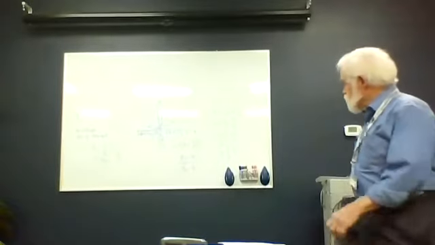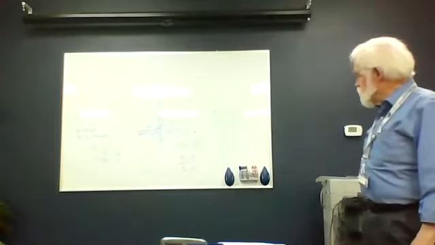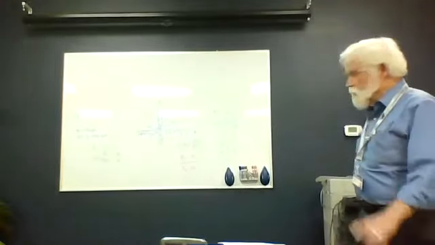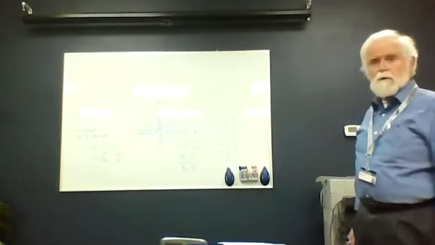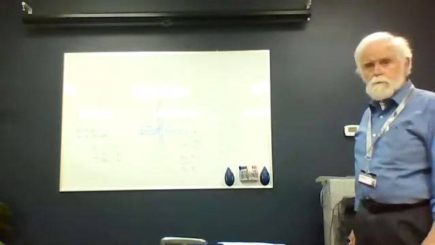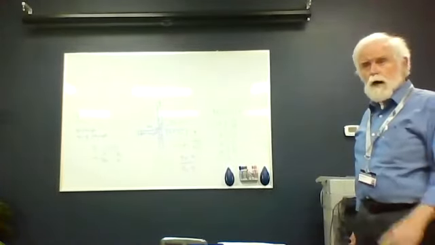How do we know what the first point and the second point is? Well, the first point, 1, is the one to the furthest left. Point 2 is the point to the furthest right.